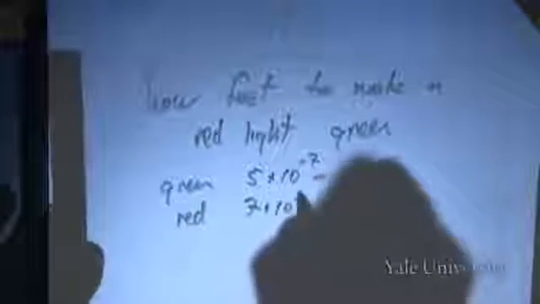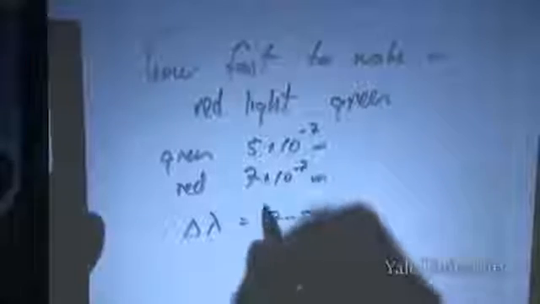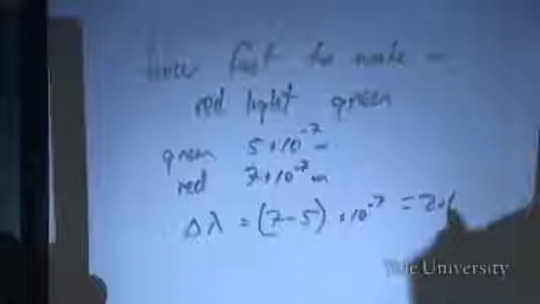Let's call green light 5 times 10 to the minus 7 meters. Red light is 7 times 10 to the minus 7 meters. So delta lambda had better be equal to 7 minus 5 times 10 to the minus 7. That's 2 times 10 to the minus 7, again in meters.